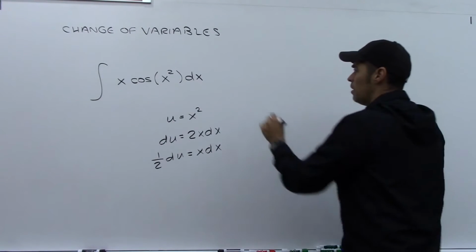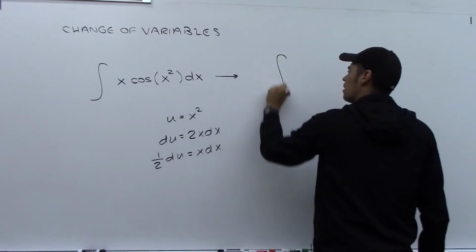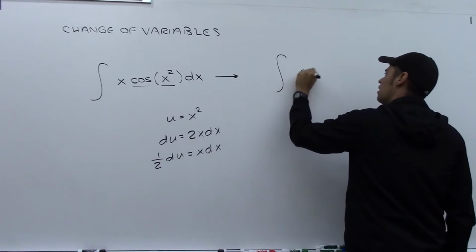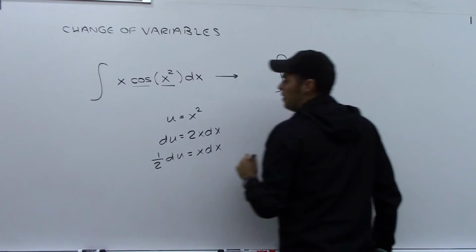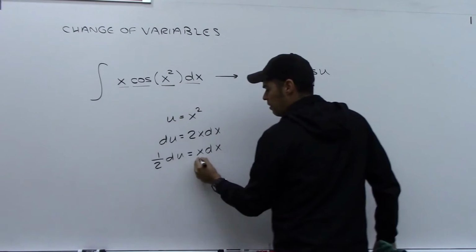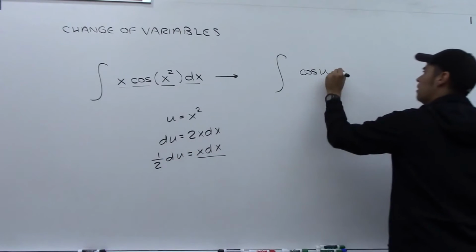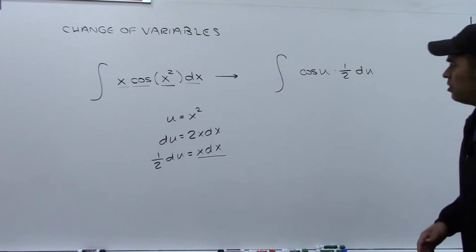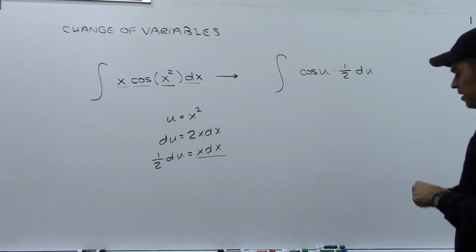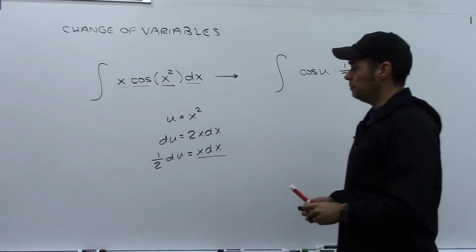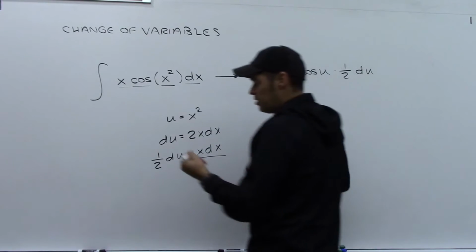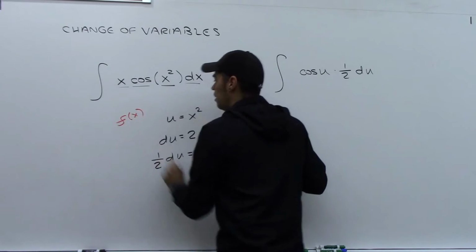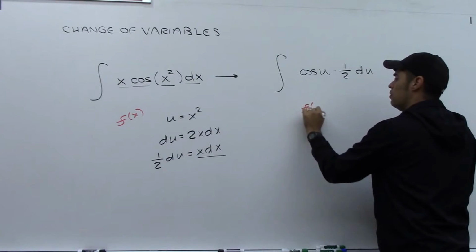So we would rewrite the integral. This cosine of x squared would become cosine of u. And then x dx, right here, turns into 1/2 du. What I want you to notice is that I have changed the variables over. I've switched from a function of x to some function of u.